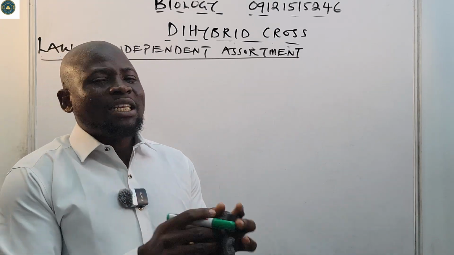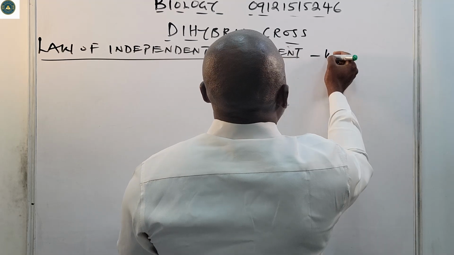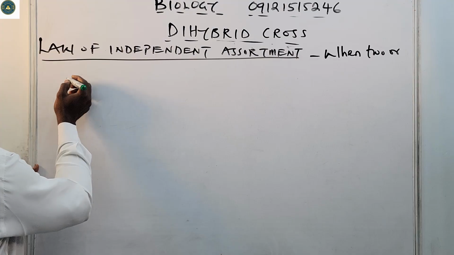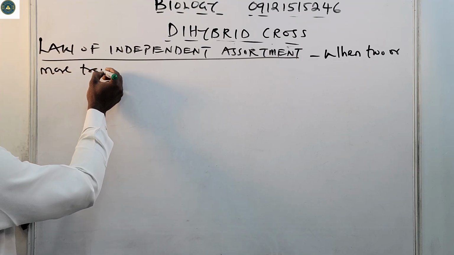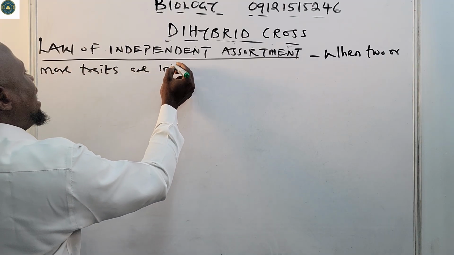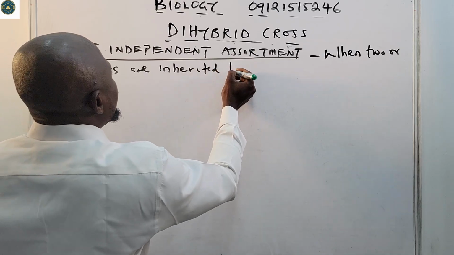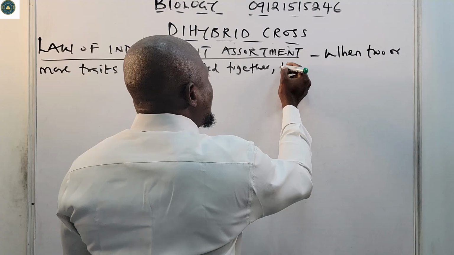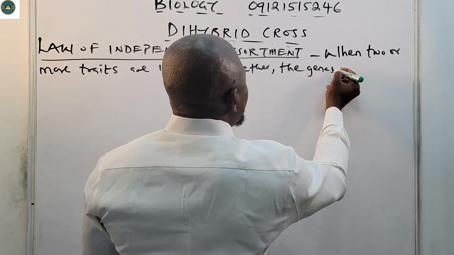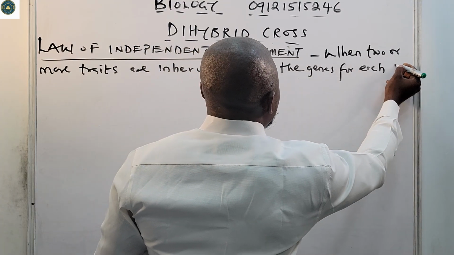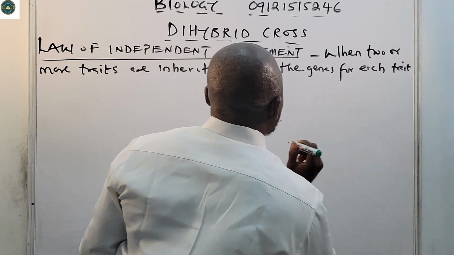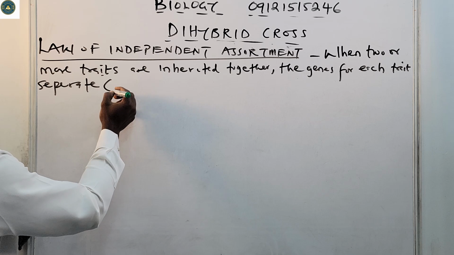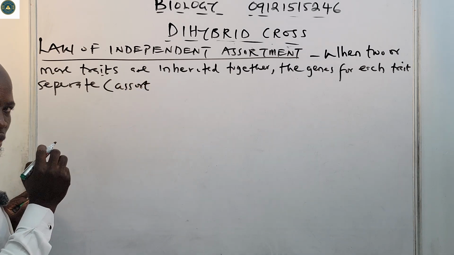The law says that when two or more traits are inherited together, the genes for each trait separate, by which they mean assort.